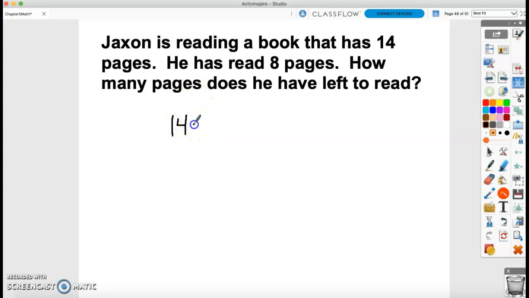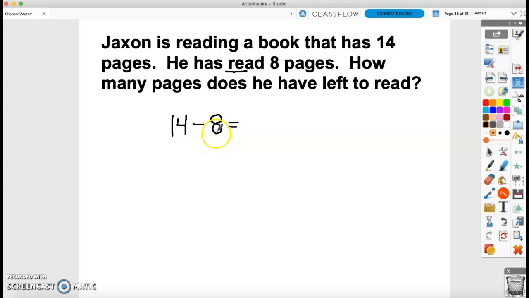So if I take away the 8 that he's read, if you read it, you've already done it, and it's kind of like taking away it. How many pages does he have left to read? So that's what we need to figure out right here. So a strategy to figure this out is we are going to subtract to make 10 and break apart our number.